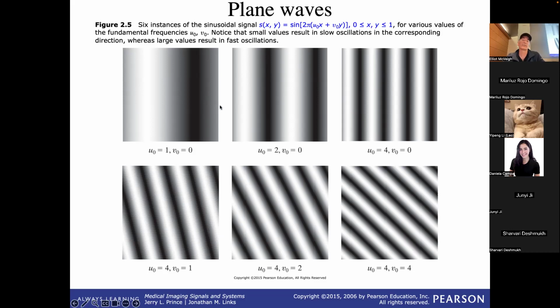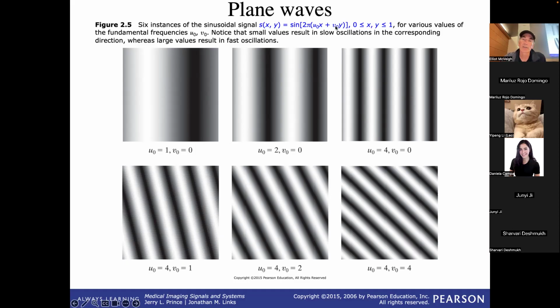It's just a plane wave that's going along in x. If I double this constant value here, then I get 2 full cycles across, let's say this is 1 centimeter. If I make it 4, then I get 4 full cycles across. And so just by changing this number, this argument here, I'm changing the frequency of these plane waves.